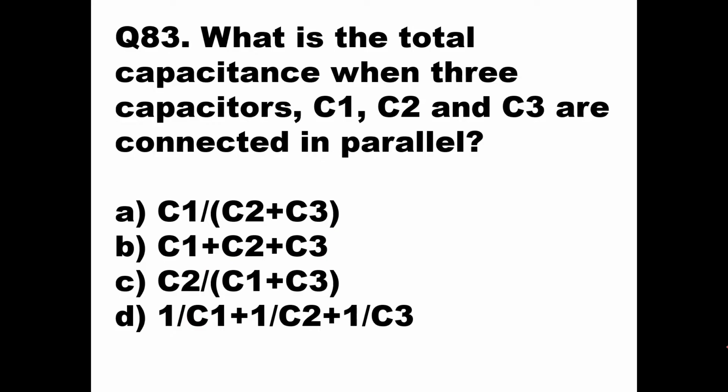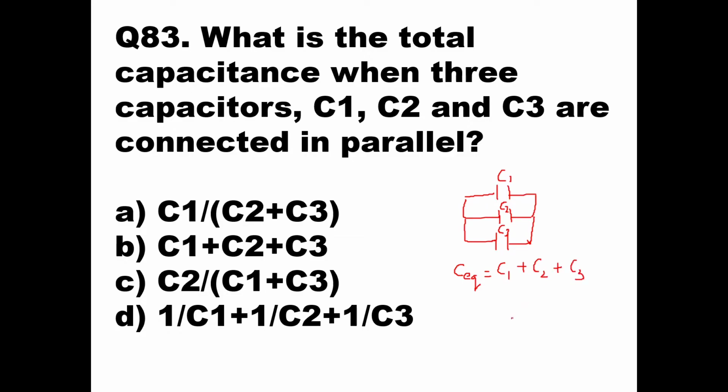Question number 83. What is the total capacitance when three capacitors C1, C2, C3 are connected in parallel? When you have C1, C2, C3 in parallel like this, this is C1, this is C2, this is C3, then the equivalent capacitance is given as C1 plus C2 plus C3.